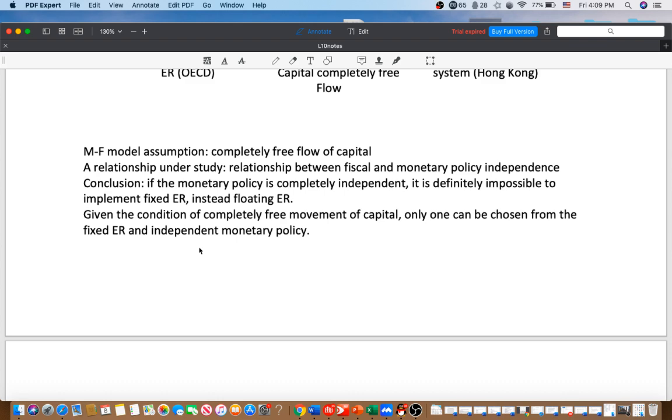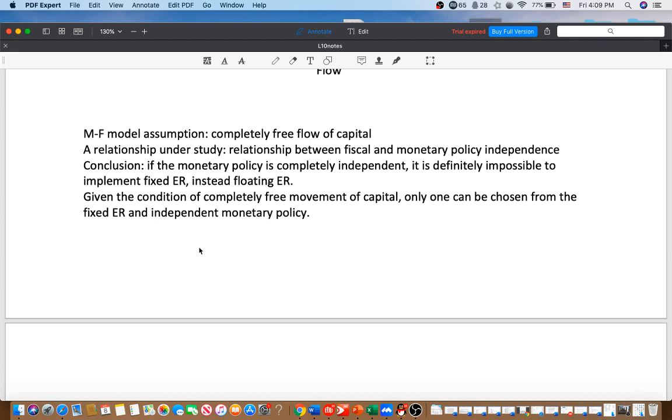The conclusion is that if the monetary policy is completely independent, it's impossible to implement fixed exchange rates instead of floating exchange rates. Given the condition of complete free movement of capital, only one can be chosen from the fixed exchange rate and independent monetary policy.